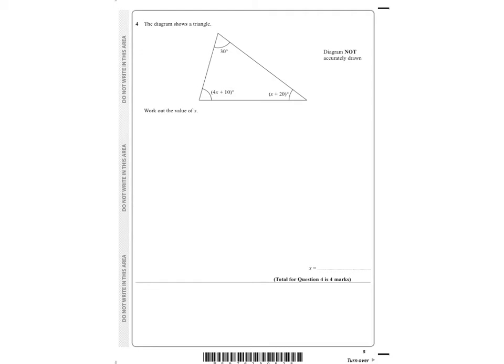Okay, question number 4. The diagram shows a triangle. Work out the value of x. Now, first thing we know is that angles in a triangle add up to 180 degrees. So if we have 30 plus 4x plus 10 plus x plus 20, that's going to give me 180 degrees.